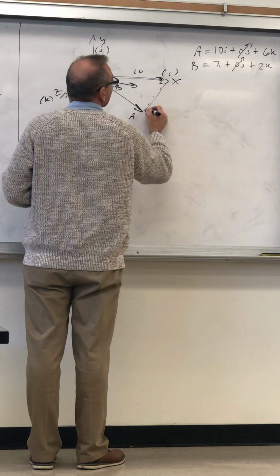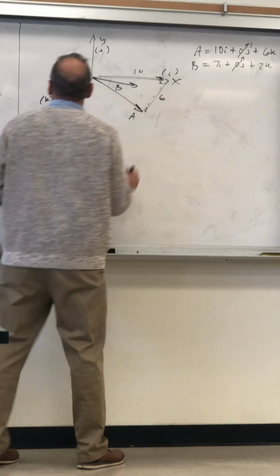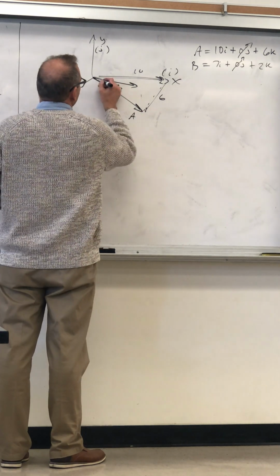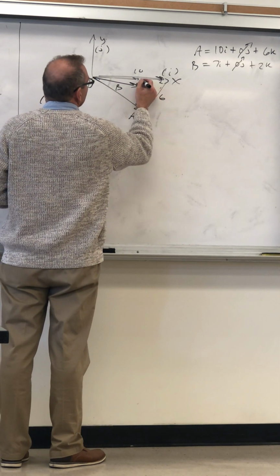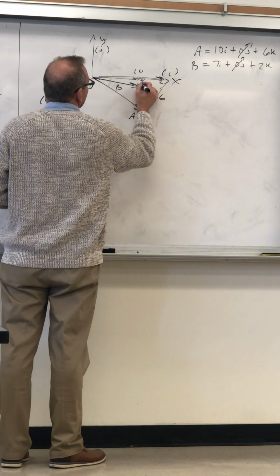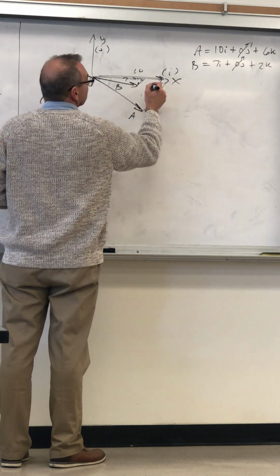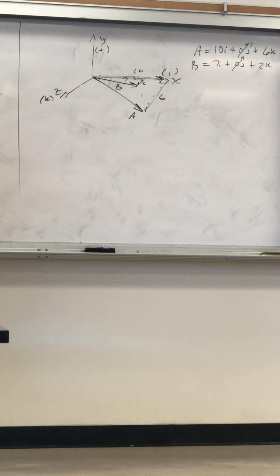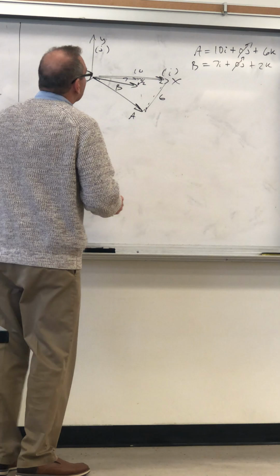And then this direction was 6. B direction, this one is 7. And 2. Right? So that forms the A and B. They're both in the XZ plane.